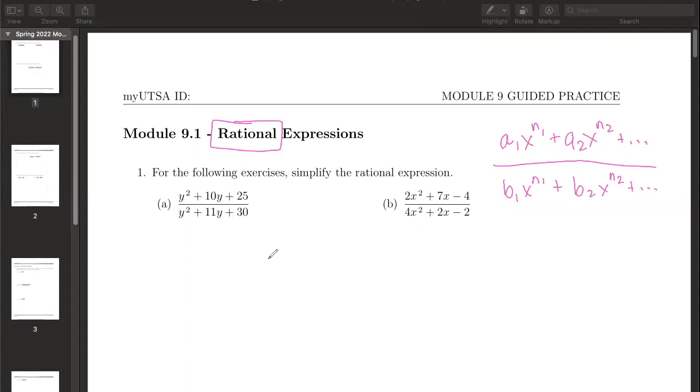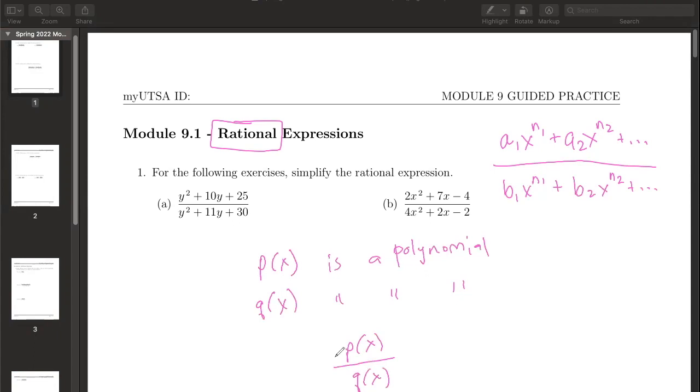So another way you could say it is if p of x is a polynomial, and q of x is a polynomial, then a rational function would be p of x over q of x, just dividing those two polynomials.